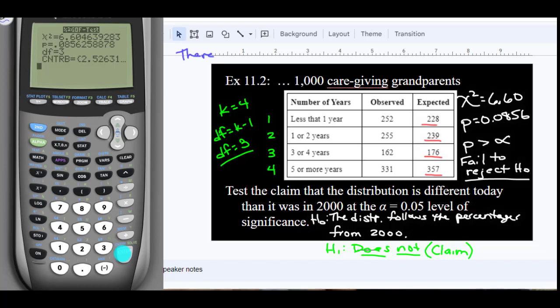If we fail to reject, there is not enough evidence to support the claim that the distribution is different. Okay, so again, most of the steps are going to be the same. It's just we're using a different test and we're getting some different information to begin with.